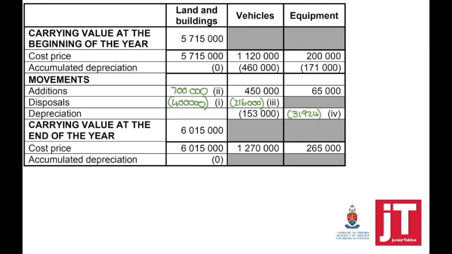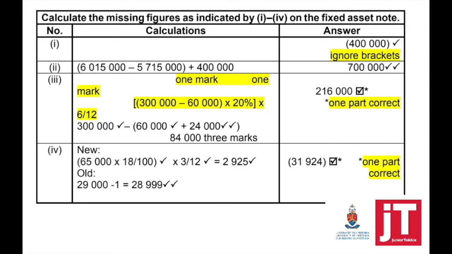Additions, no brackets. If we look at the answer booklet, it doesn't matter. If you look at number 1, the answer is 400,000 and they specifically say ignore brackets. So it's irrelevant if we're completing calculate the missing figures in this format.